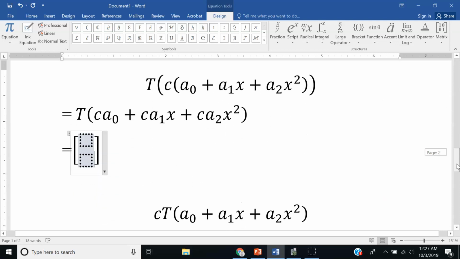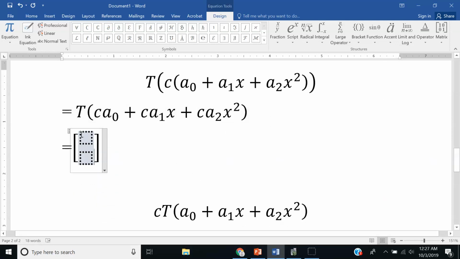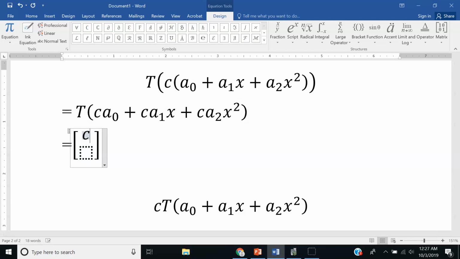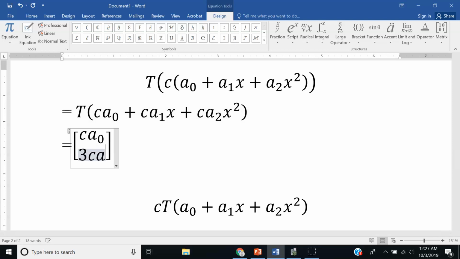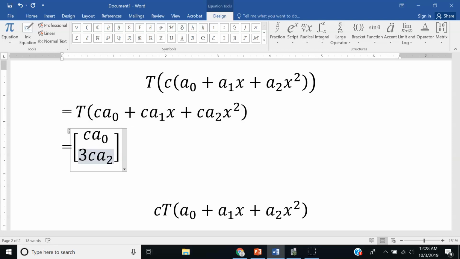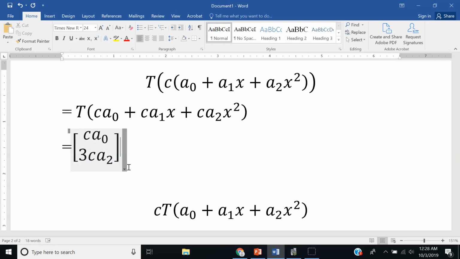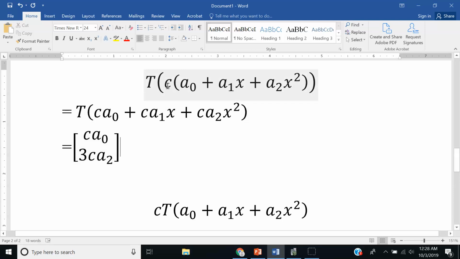The first entry would be c times a0. The second entry would be 3 times the coefficient of x squared. That's what happens if I take my transformation after I multiply by a scalar.